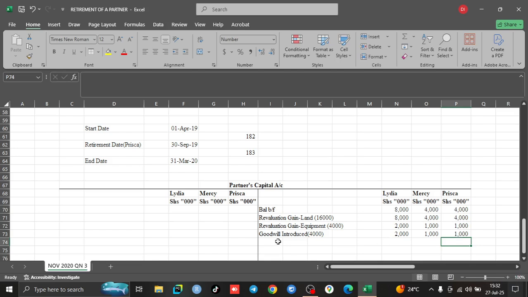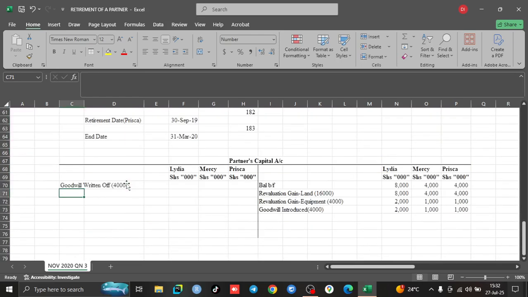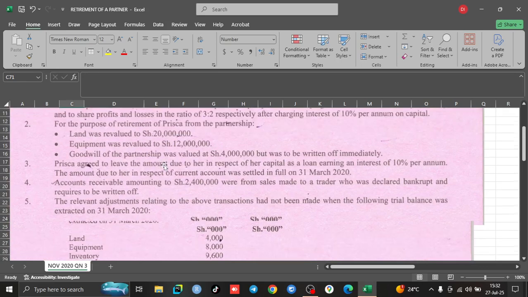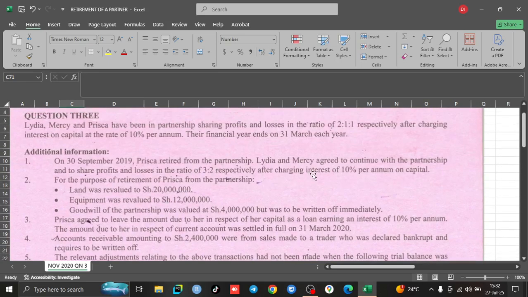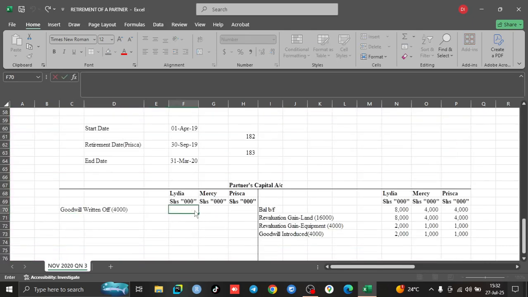You get 1,000. Then you immediately write it off, the same amount, but now when writing it off, you write it off for the partners that are remaining. It's the same amount, yes, but you're writing it off in the new profit and loss sharing ratio, which is now 3:2 for Lydia and Mercy, because now Priska has retired.